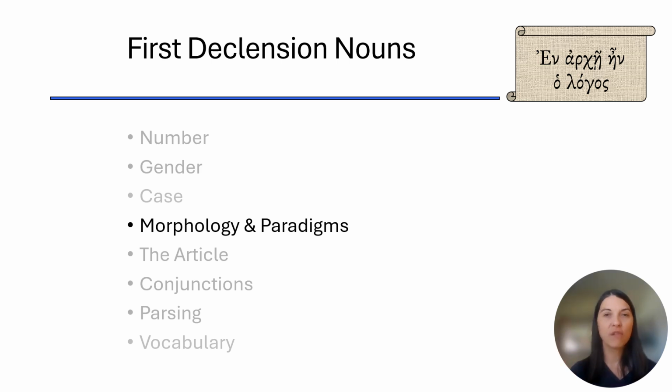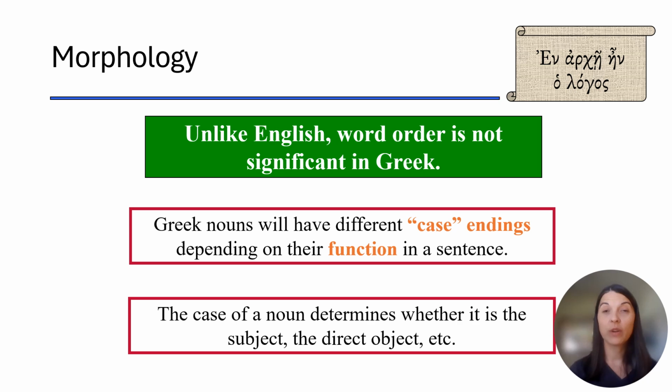So now you have an overview of what the cases are. Let's take a look at how the spelling changes in the morphology and show you your paradigms. So while word order is important, it doesn't necessarily play the same role in English as it does in Greek. These case endings will help you determine the function of the noun.